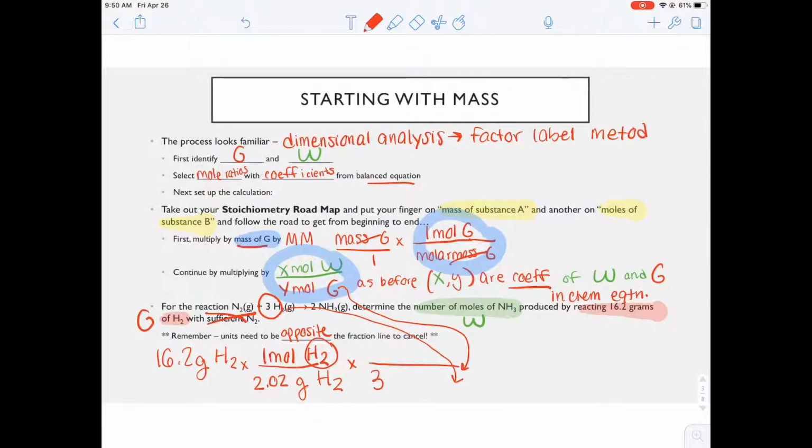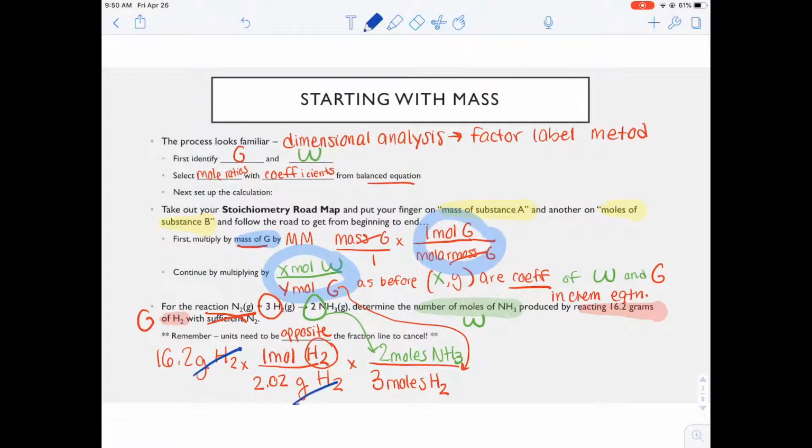So it's going to be 3 from the coefficient, moles of hydrogen, matching up with our wanted coefficient, which is ammonia, 2 moles of ammonia.